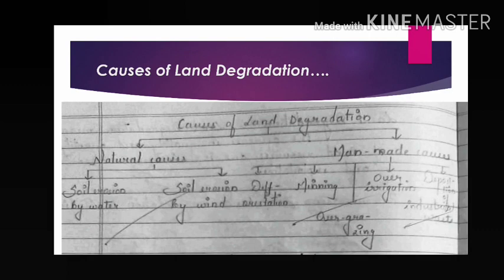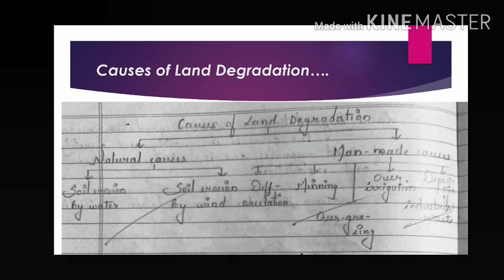When you cut down the trees, the soil becomes loose, and it can easily be washed away by water and carried away by wind. Deforestation makes the land vacant, because trees provide shelter. That means there will be less erosion if there are more trees.